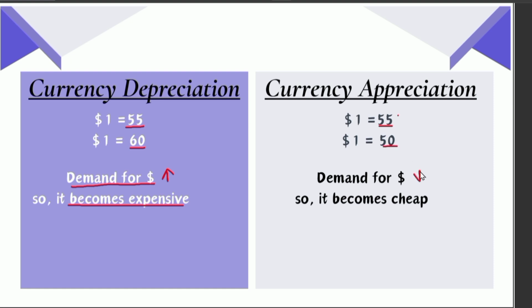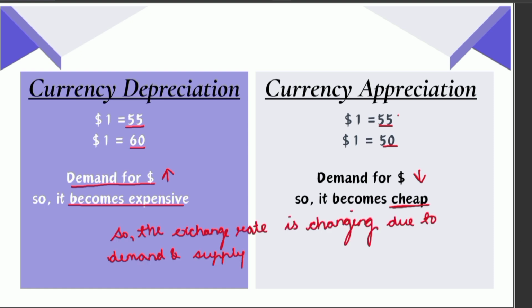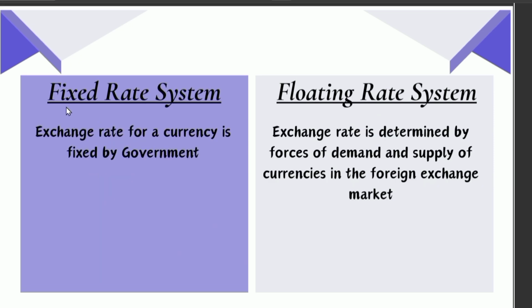It means the demand for the dollar has decreased, so the dollar becomes cheap. Now coming back to the floating and fixed rate systems. In the fixed rate system, the exchange rate for a currency is fixed by the government. So the government decides the exchange rate, and in the floating rate system the exchange rate is determined by the forces of demand and supply of different currencies in the foreign exchange market.